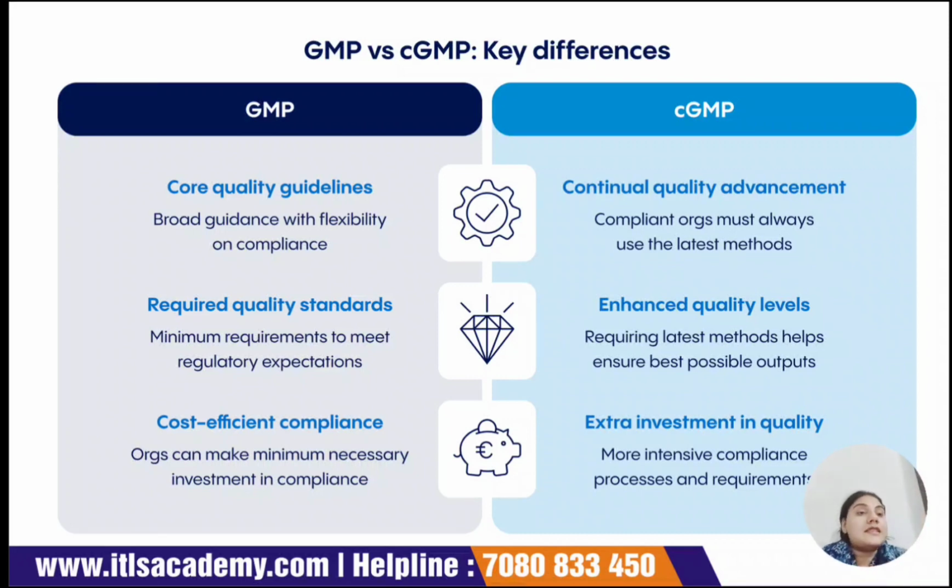So these are certain key differences between GMPs and CGMPs. This slide is very important for your interviews and examination. Most of the questions could be asked from this, so you must be aware of the key differences between GMPs and CGMPs.